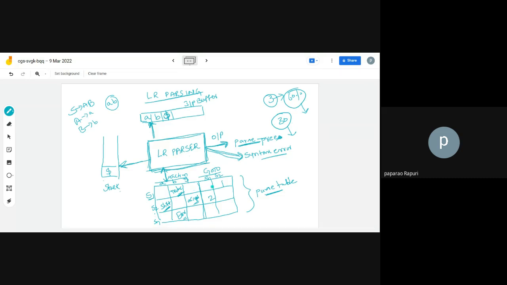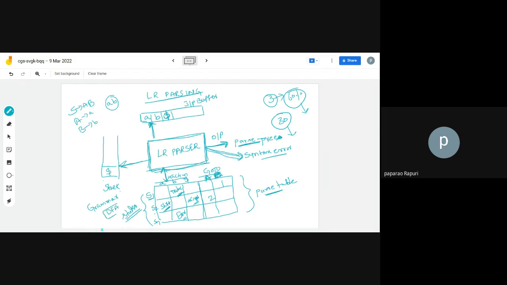A, B, C are the terminals in the given grammar, and S1, S2, S3 are states. So simply I can call this one a grammar, and I can also call this one a DFA.